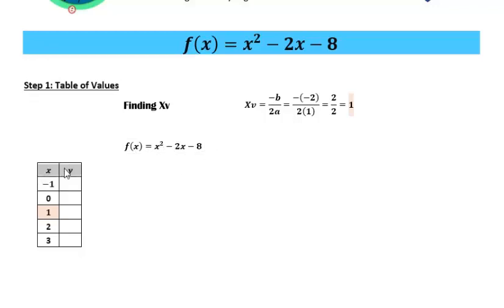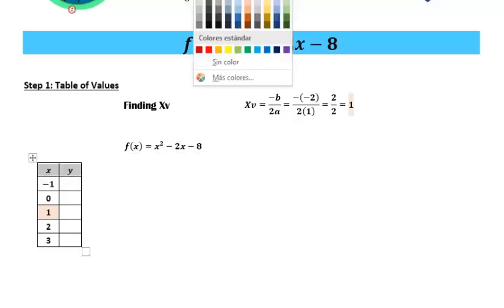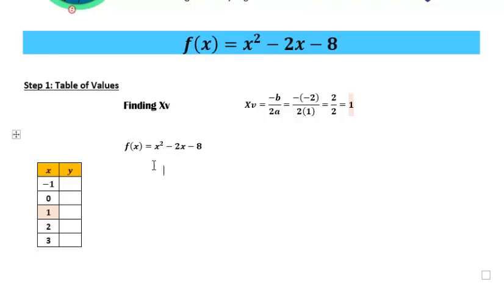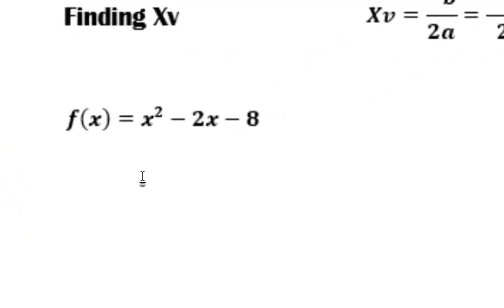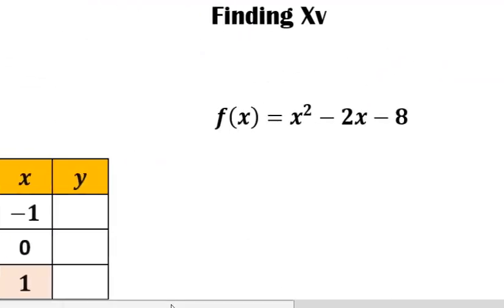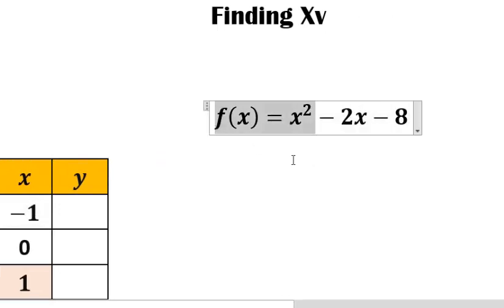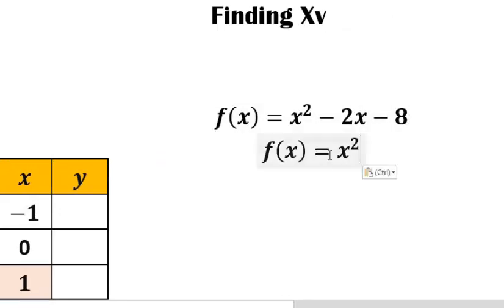So let me color this thing and let's begin. The first number is minus 1. So I'm going to copy this thing, and instead of x I'm going to put minus 1.